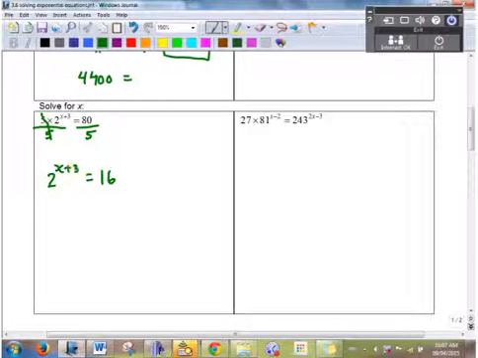What next? Logs or exponents? I know what my mind sees. I see 16 as a power of 2. 2 to the what is 16? That's 16, isn't it?